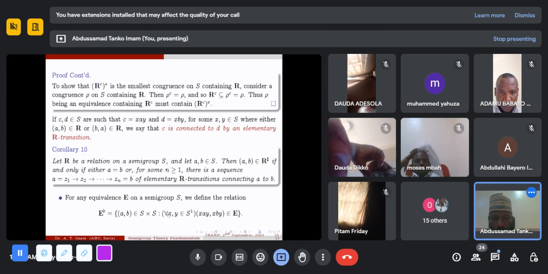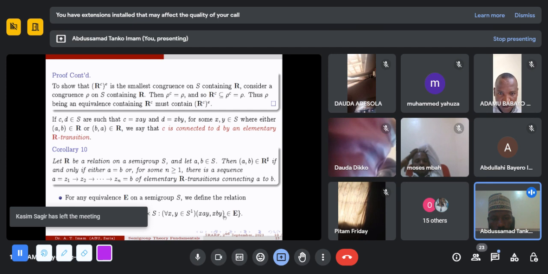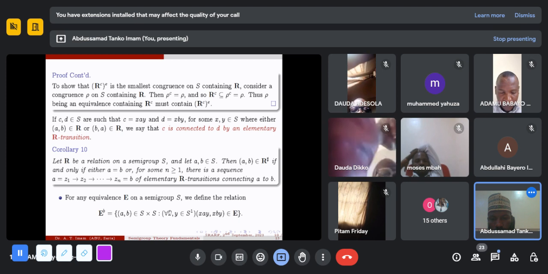This means X and Y can be equal to 1, even if there is no 1 in the semigroup. And such that XAY and XBY are E related. So for any such A, B satisfying this, we put (A, B) in this set. So this is again a relation on S.